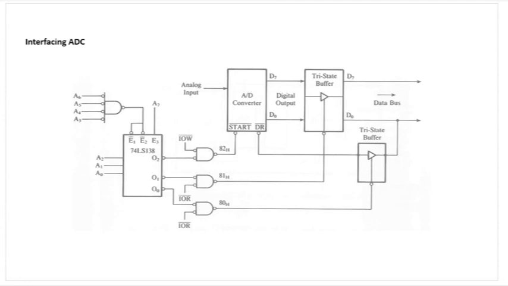Again, you have decoders here for decoding the address lines, and also for combining them with the status signals of the device. So this is about interfacing various IO devices. I'm not going into the details of the interfacing because we are running out of time.